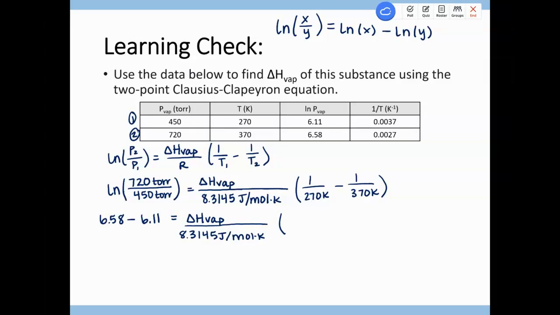And then we're also provided in the table, you might not always be given this, but because you can calculate it, 1 over 270, 1 over T1 is 0.0037. Units are per Kelvin. Kelvin is in the denominator.